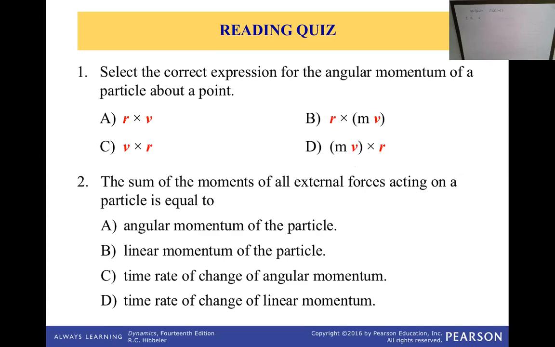The sum of moments of all external forces is equal to the time rate of change of angular momentum, so it will be C. The moment of all external forces multiplied by the time should equal the change of angular momentum. So the correct answer for the second one is C. These are the answers for the reading quiz: B and C.